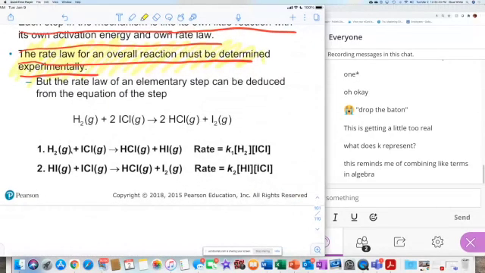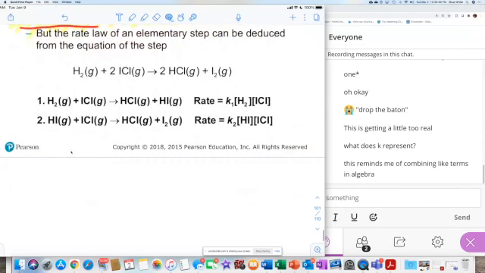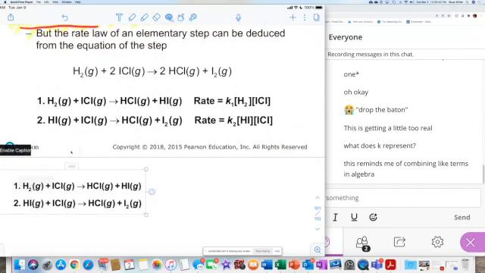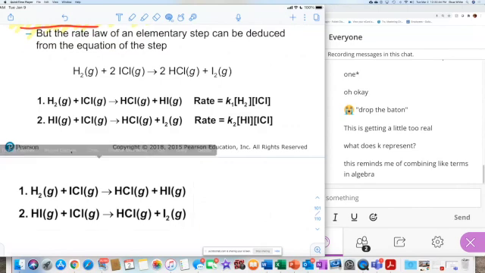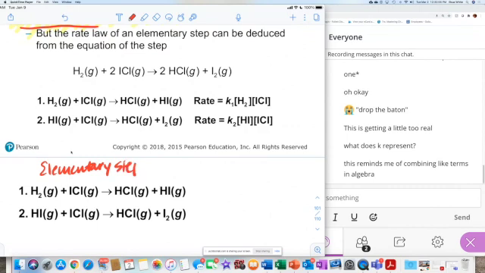Because sometimes, if I'm looking at something where the answer is there, I confuse familiarity with really understanding what's going on, which is not the same thing. So even though it's literally written up here, I'm going to write it again. These are my 2 elementary steps, right? So apparently it takes 2 steps to get to the overall reaction. This is my overall.